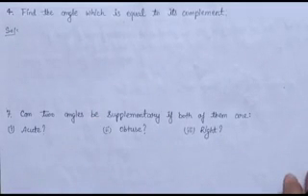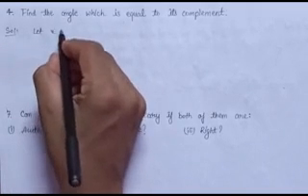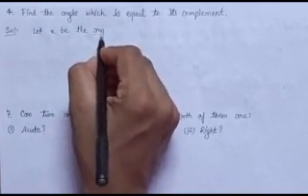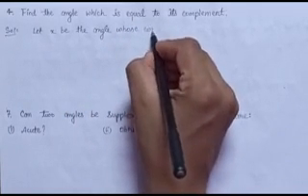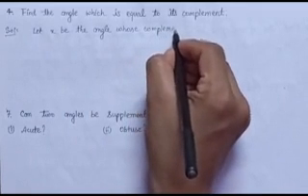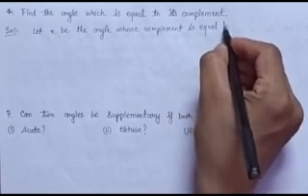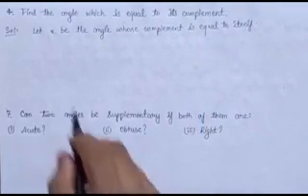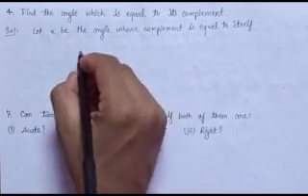Let x be the angle whose complement is equal to itself. Okay. So if x be the angle, then what will be its complement?